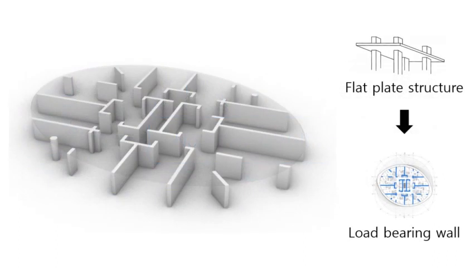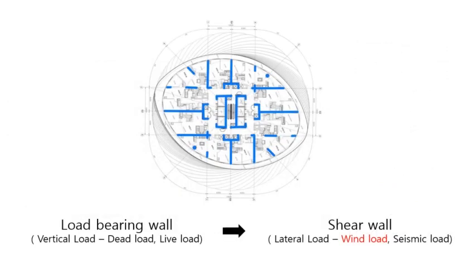But as mentioned last time, Absolute Tower is a flat plate structure, so load-bearing walls supporting vertical loads exist in the same location on every floor. If the load-bearing wall is constructed with shear reinforcement concrete, we can use it as a shear wall that can resist vertical loads and horizontal loads at the same time.